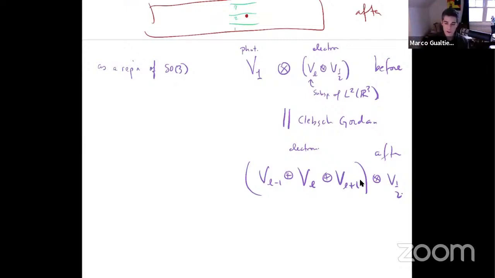Before, it was in a certain representation, which was easy to determine because the photon and the electron were separate, and we know the photon is a spin 1 particle, so it's in V1, and the electron is in our atom. All we need to do is tensor these together and decompose, and we see that it could go either to the previous column, to the same column, or the next column.